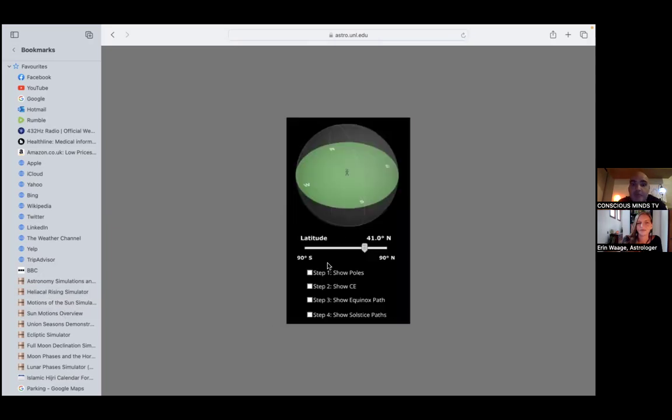So what this shows, when I click all this, is the equator and the tropics. You can now see summer solstice, which is the Tropic of Cancer, equinox path, which is Aries and Libra, and winter solstice path, which is the Tropic of Capricorn.